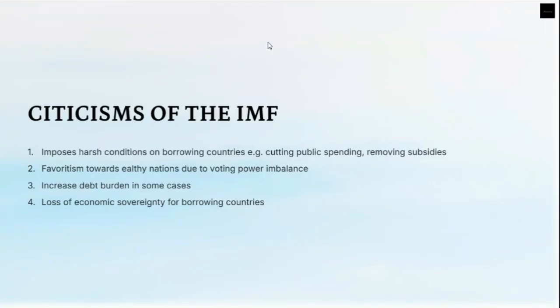Are you guys still there? Your question is determinants of foreign policy, right?